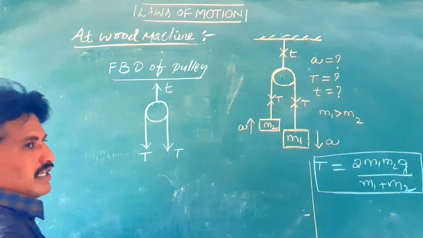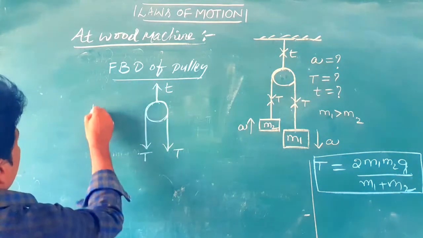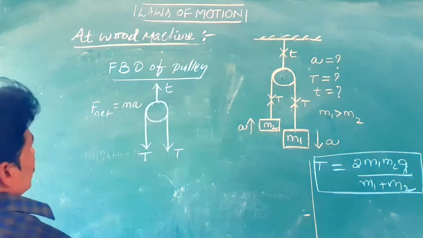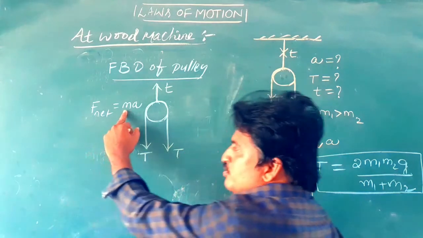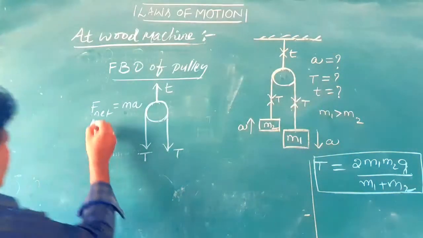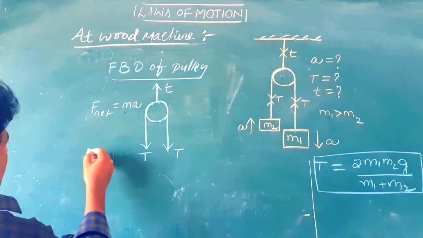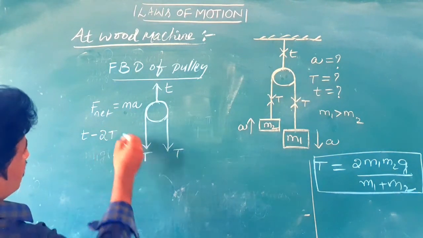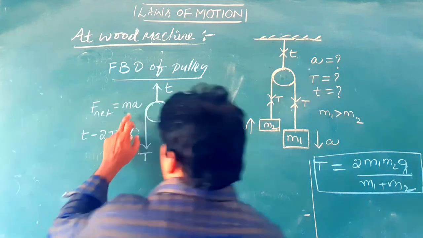Here this is massless. So consider according to Newton's second law, net force is equal to m into a. Here massless means we consider this term to be 0. Now in this instance we can write T plus T minus t, that is 2T minus t, is equal to 0 because they are massless.